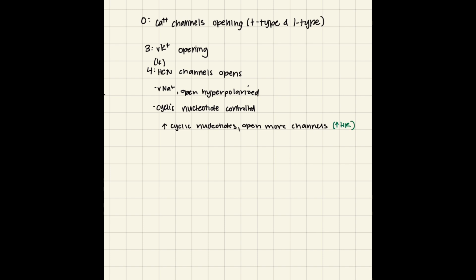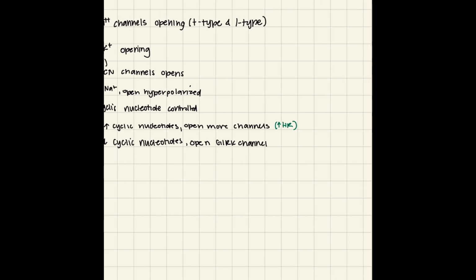If we decrease cyclic nucleotides, this is caused by stimulating an M2 receptor, while the increase is caused by stimulating the beta-1 receptor. Then we open what's called a GIRK channel, which is a potassium channel.